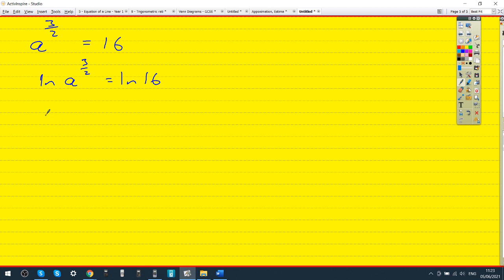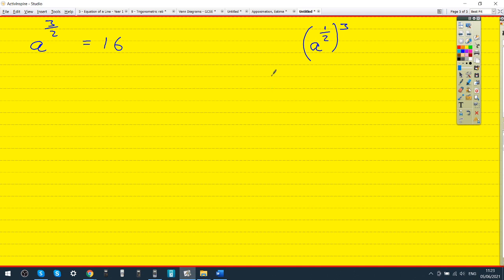Oh wait, no. That's for when the unknown is in the power. 3/2, what's that the same as? Another way to write it would be a to the half, to the 3.